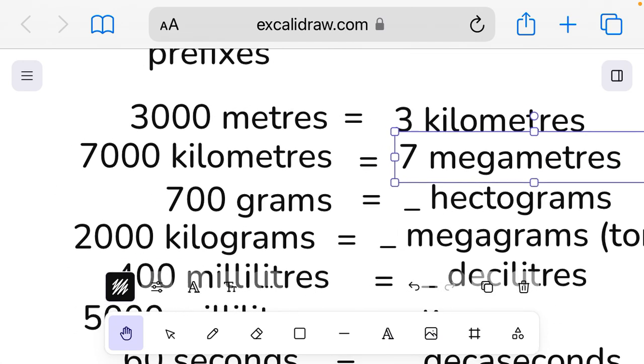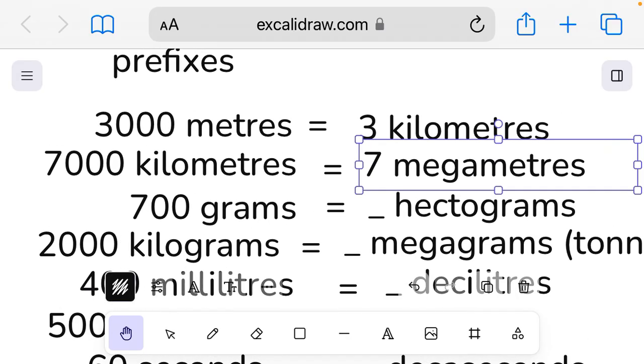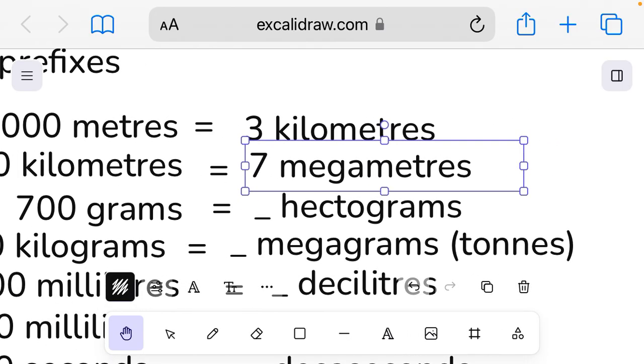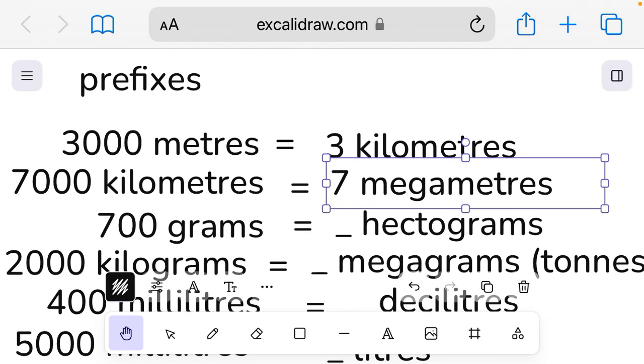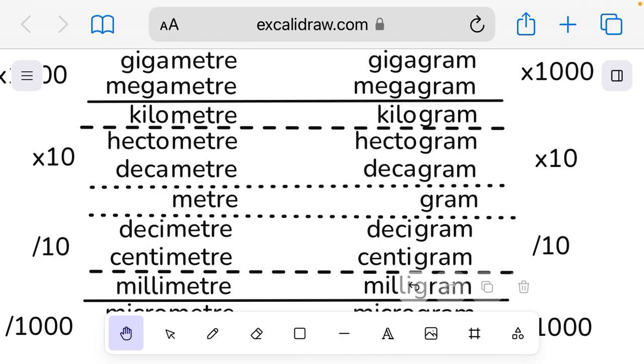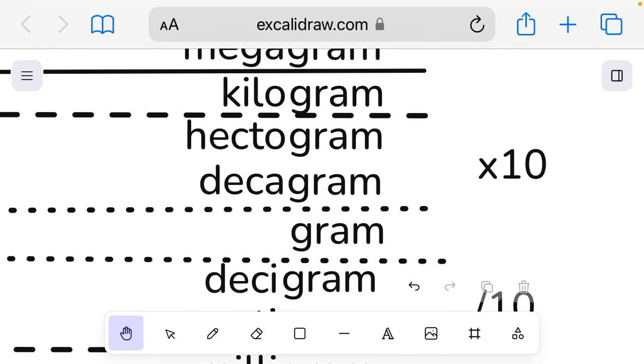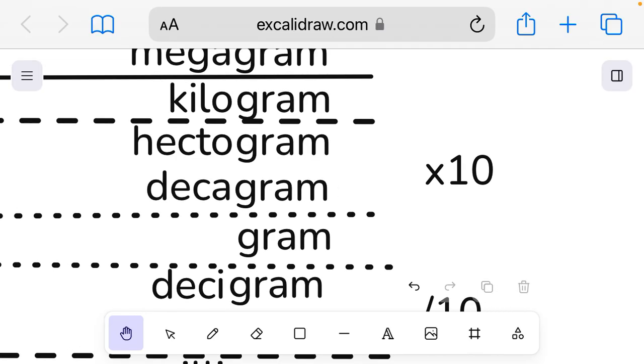Now let's move on to the third one. We have 700 grams, and we want to convert it to hectograms. You can check here. Hecto is something that is 100 times larger than the base, and we see that hectogram is up twice from gram.